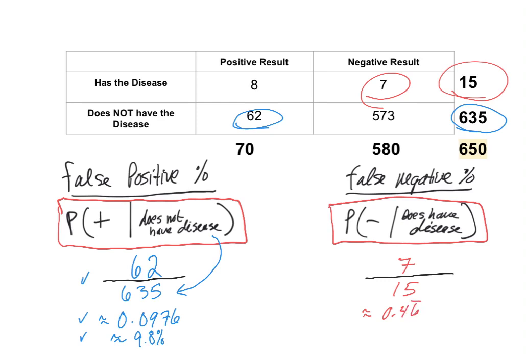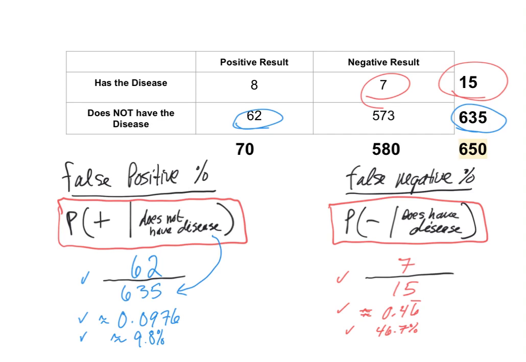This one has a decimal that goes on forever, so we'll just write it as 0.467, which as a percent is about 46.7%. Fraction form, decimal, percent. What this tells us is that for someone coming in, if they have the disease, there is a 46.7% chance that they have a negative result. This is referred to as the false negative.